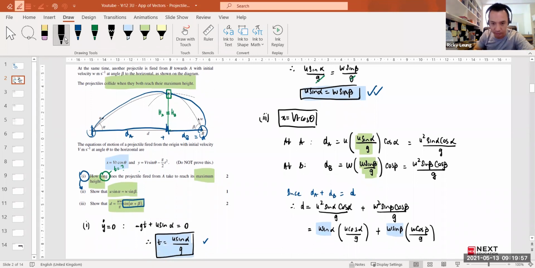So it sort of gives me u sine is w cos. Oops. That's how you get the compound angle formula, right? That's cos alpha on G plus now w sine beta is equal to u sine alpha. There you go, cos beta on G.